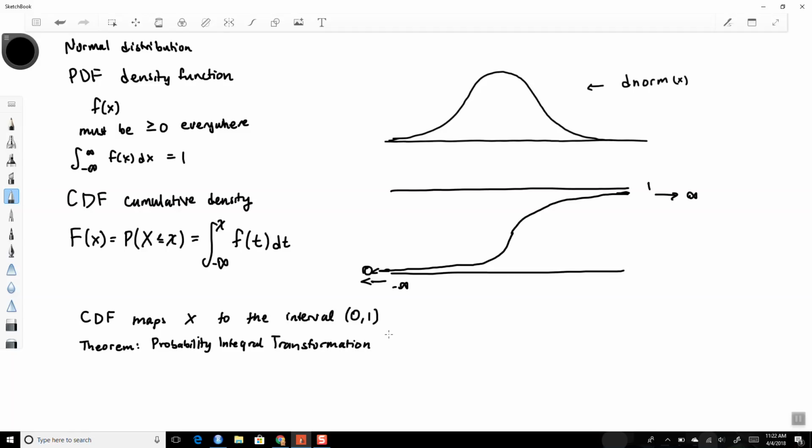Basically that says if X is a random variable with CDF F of x, then if you apply this CDF to the random variable, this is equivalent to the uniform distribution 0, 1.